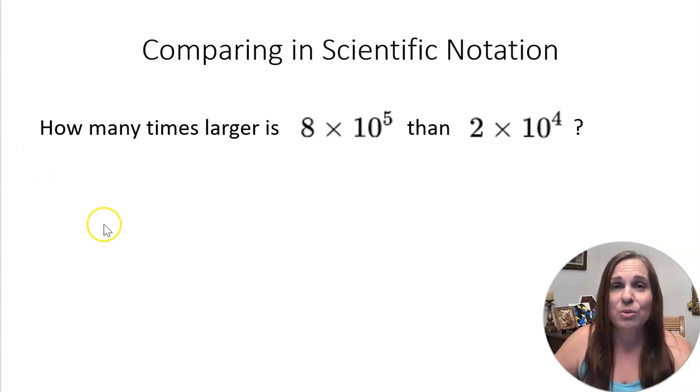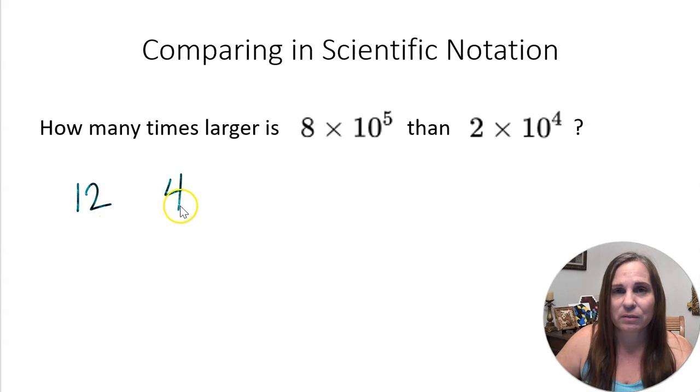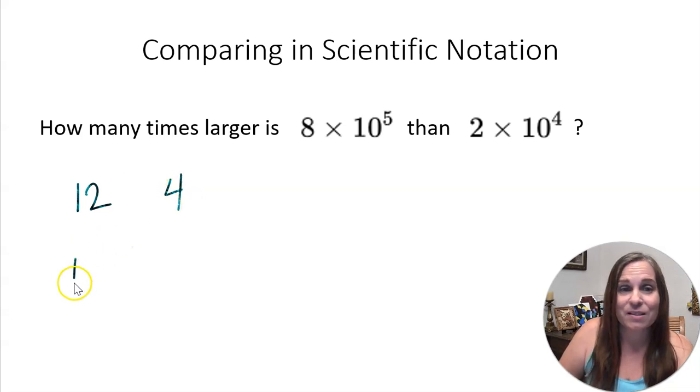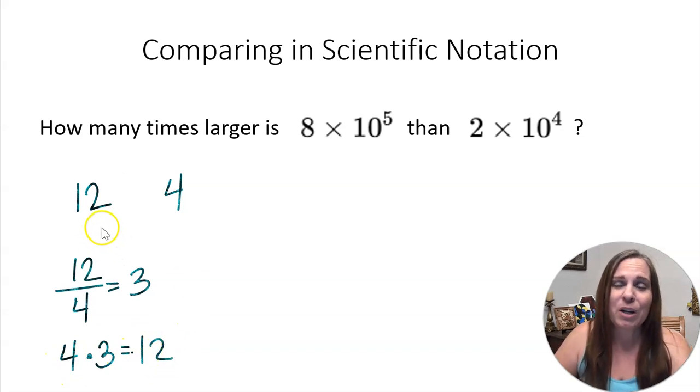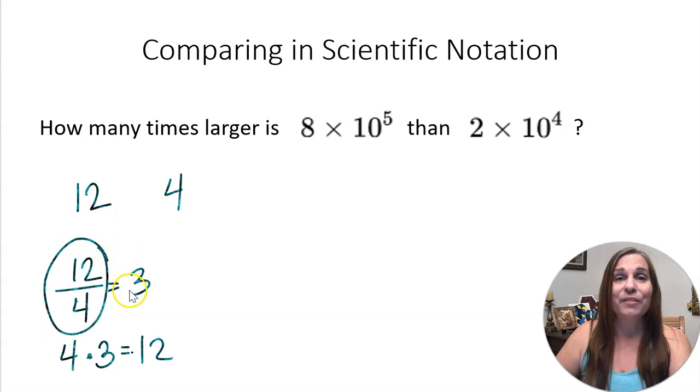If I asked you, how many times larger is 12 than 4, you would tell me it's 3 times larger, right? Because 12 divided by 4 is 3. Or maybe you're thinking of the fact family. 4 times 3 is 12. So when we want to know how many times larger something is, we have to divide.